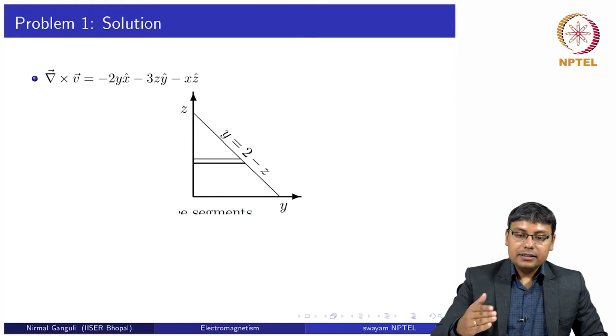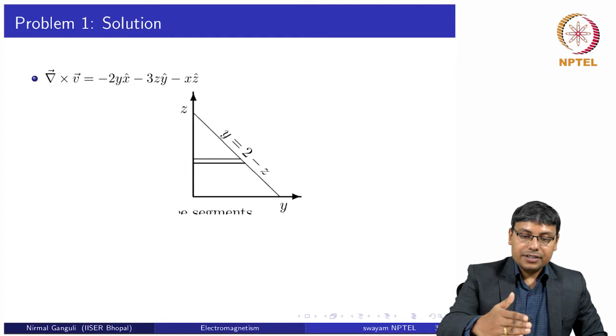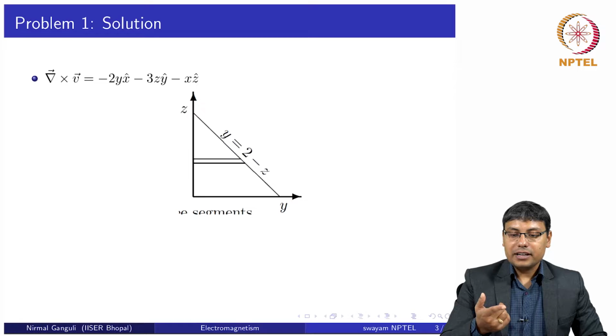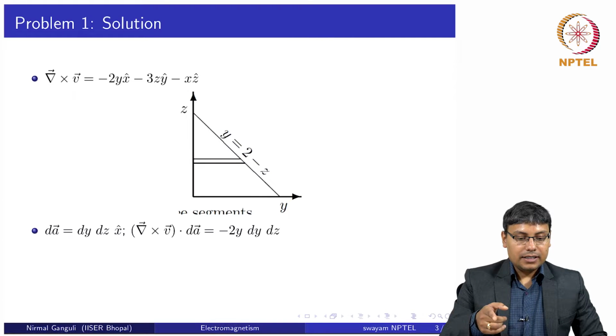The slanted line that we have here connecting z and y axis, the equation of that line is y equals 2 minus z. With that, the expression for this area element we can write down as dy dz x cap.